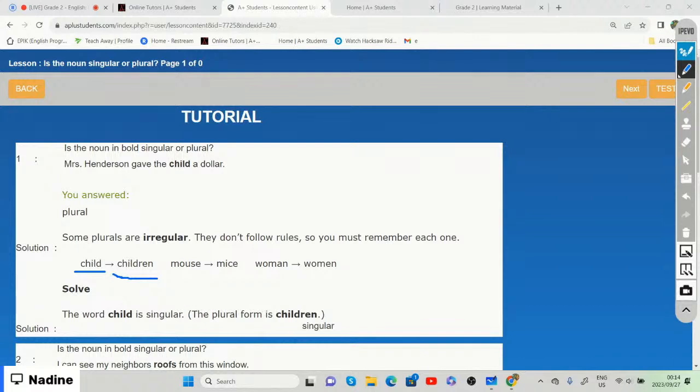The same with mouse. Mouse we refer to as one mouse running freely in the house. But if we make mention of more than one mouse, then we can say mice. And then one woman, we have one woman.